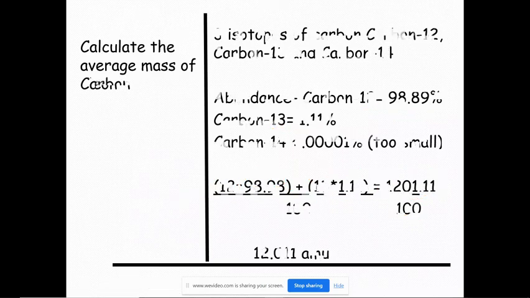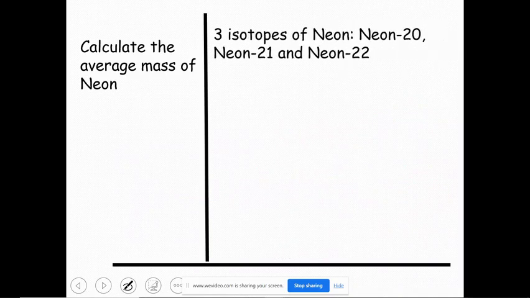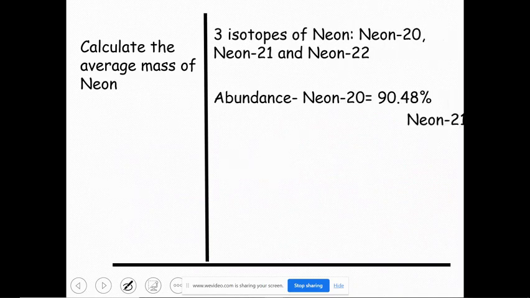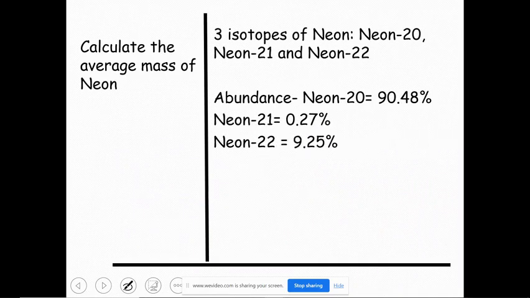So let's take a look at another one here. Taking a look at neon. Neon this time actually does have three isotopes that we're going to look at. Again, changing the number of neutrons changes the mass. So neon 20 has a mass of 20, which makes up a little over 90% of all the neon that we find.